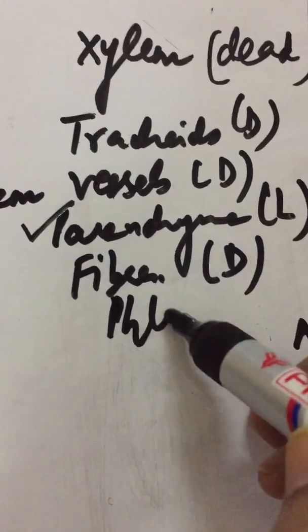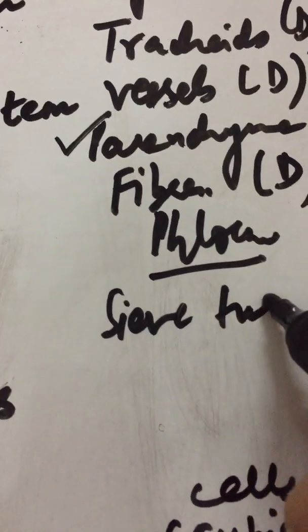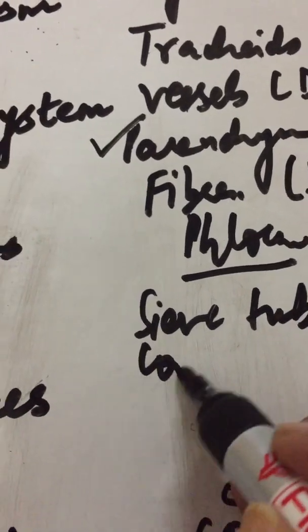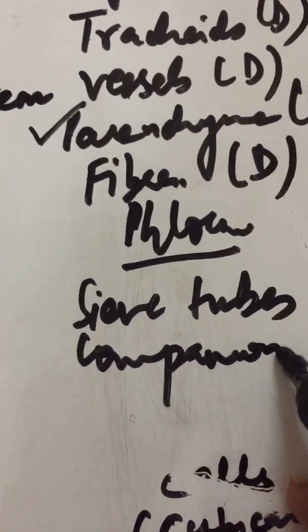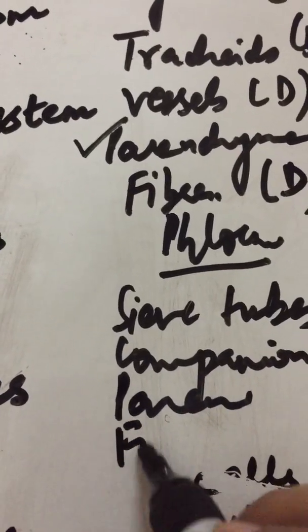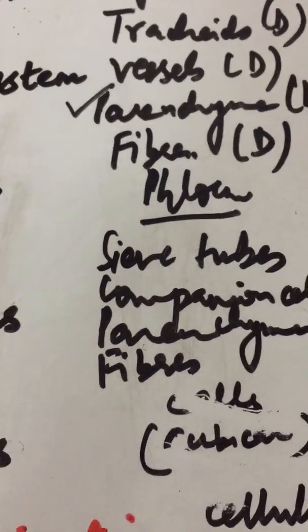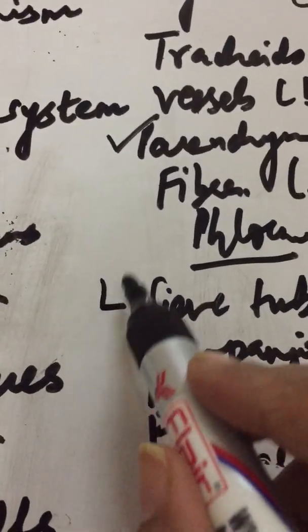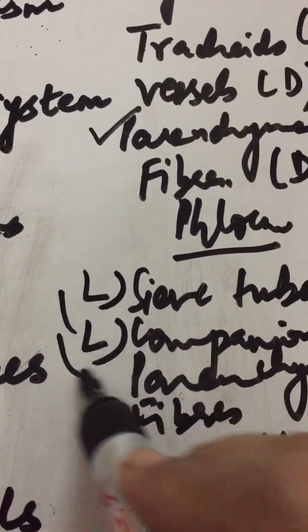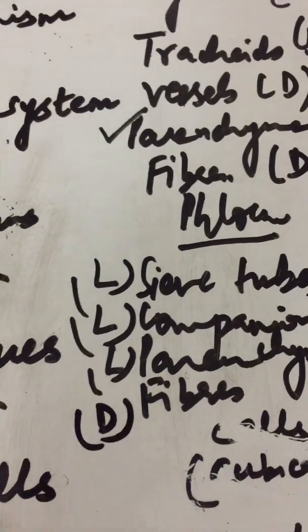Coming to phloem, which also is made up of 4 kinds of cells. What are they? Sieve tubes, companion cells, again parenchyma, and fibers. So these are the 4 elements of phloem, in which sieve tubes are living, companion cells are living, parenchyma is living, and fibers are dead.